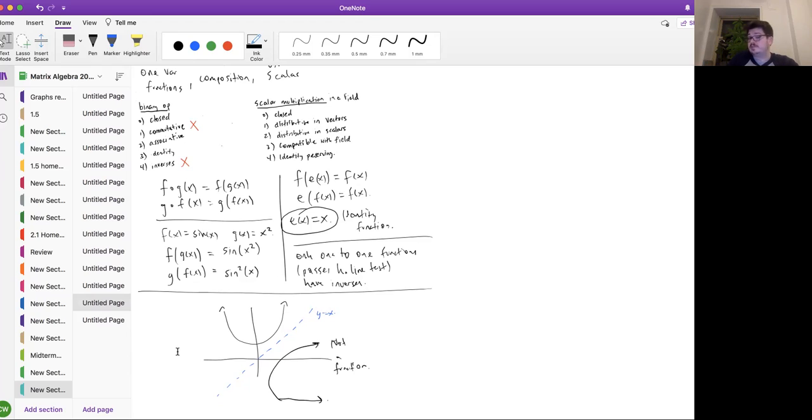Some functions do have inverses, the ones that are one-to-one, and the inverse is based on the binary operation called composition. That's why we call them inverses. I think a lot of pre-calc students, when they see inverse, quickly do 1 over f of x, but we're not talking about multiplicative inverses. That would be true for multiplicative inverses, but not for compositional inverses.